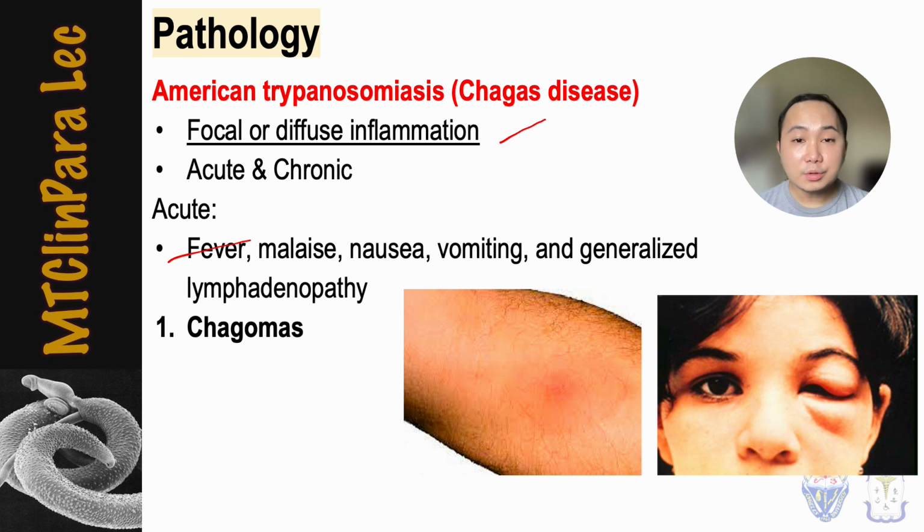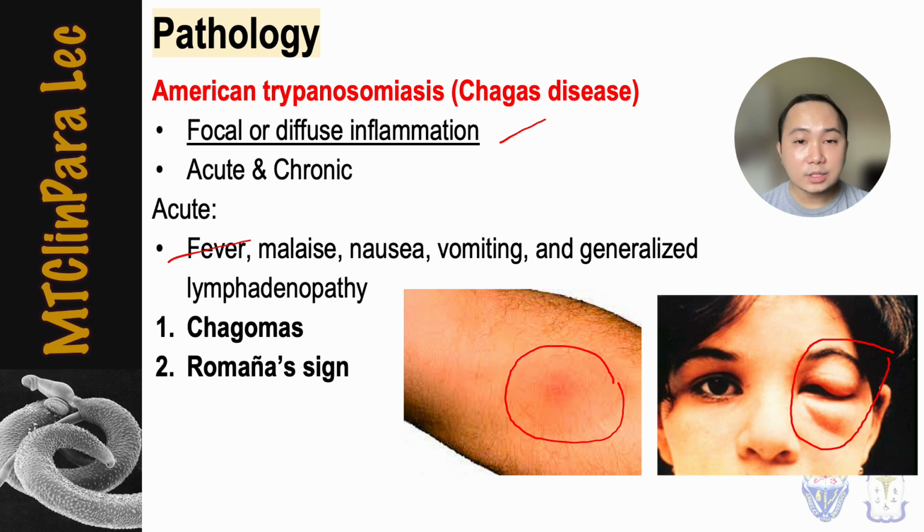Cutaneous manifestation may also be observed, usually at the bite site of the vector. This is characterized by an induration and a central edema within the bite site. Sometimes, the parasite may also reside at other areas, specifically in the eye area of the patient. This is also known as Romaña's sign, characterized by eyelid swelling or conjunctivitis surrounding the eye area of the patient.